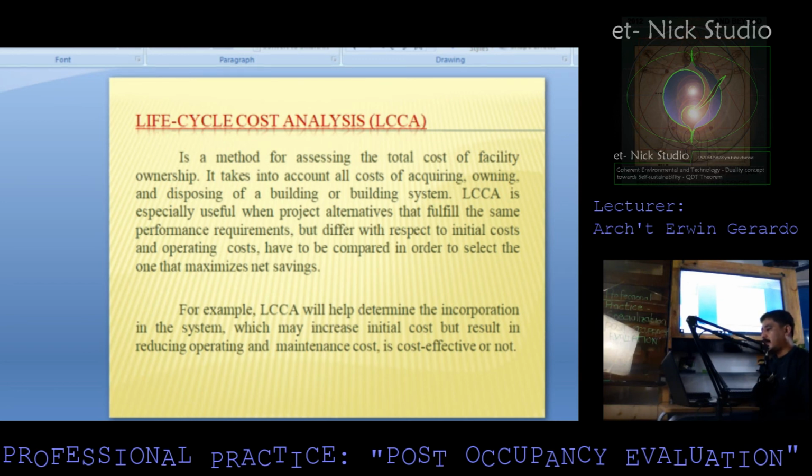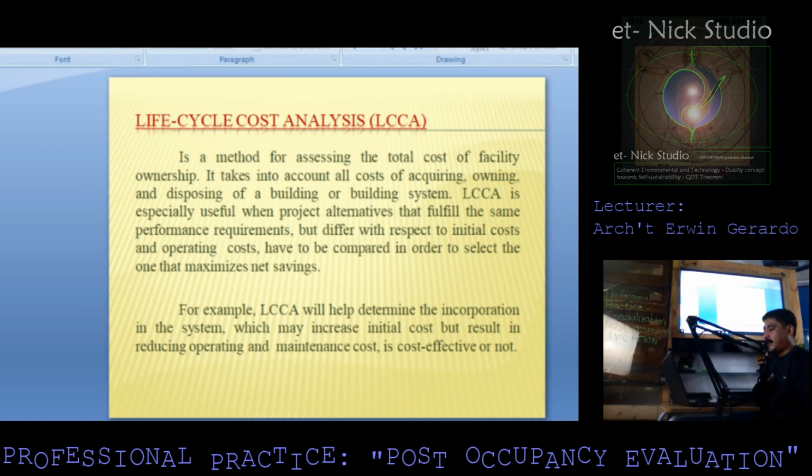Life cycle cost analysis is especially useful when project alternatives that fulfill the same performance requirement but differ with respect to initial cost and operating costs have to be compared in order to select the one that maximizes net savings.